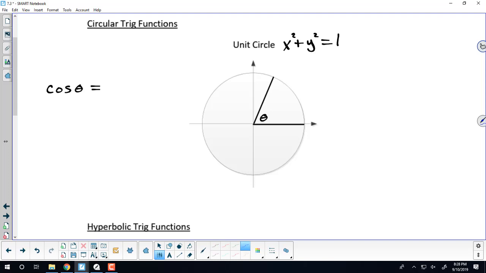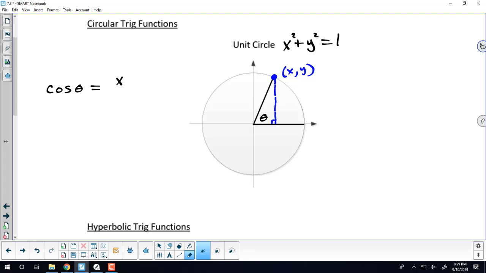So think about it this way. I'm going to draw this perpendicular here to look at that point, x, y. So cosine of theta in that setting we said was the x coordinate over the radius. But we're with the unit circle, so the radius is 1, right?